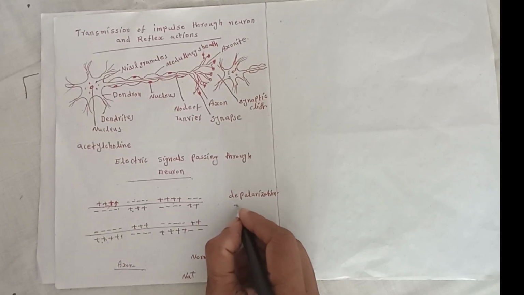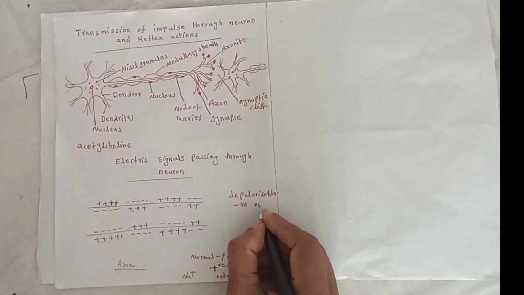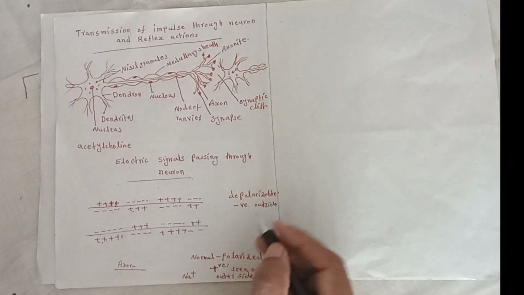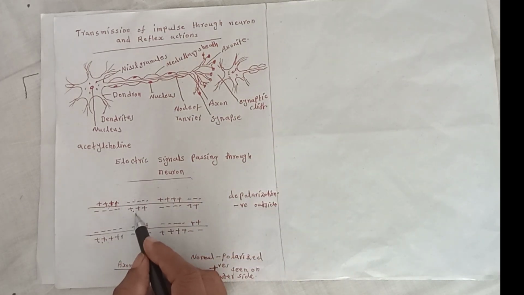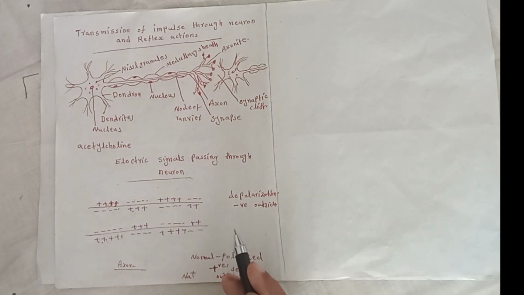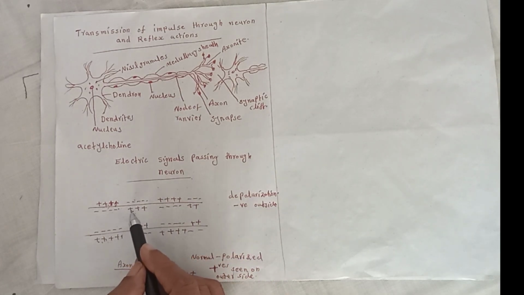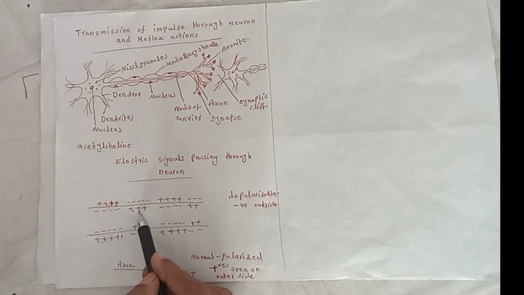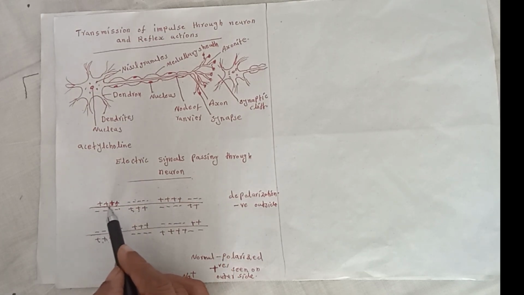Depolarization: negative charge outside and positive charge moves inside. When the adjoining point of the cell membrane is depolarized, the pre-depolarized area changes into polarized. If an impulse passes through the axon, it is a wave-like movement.